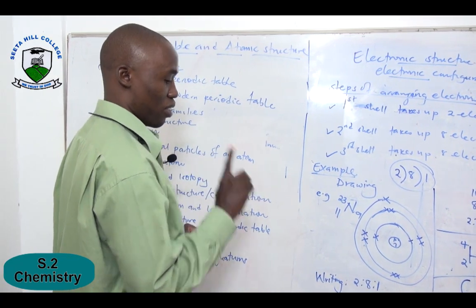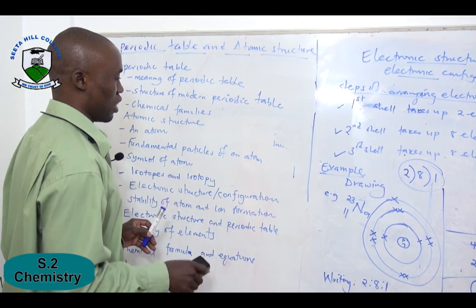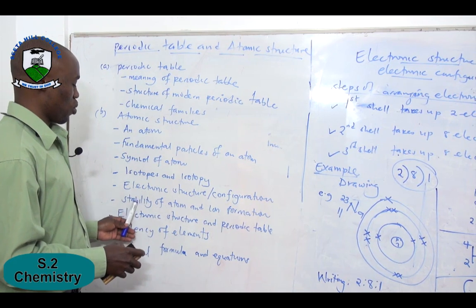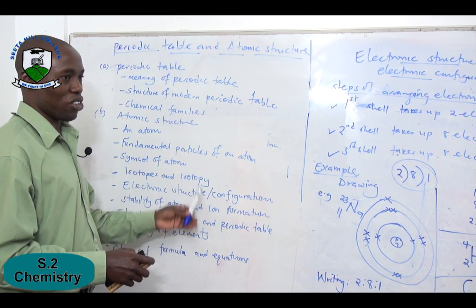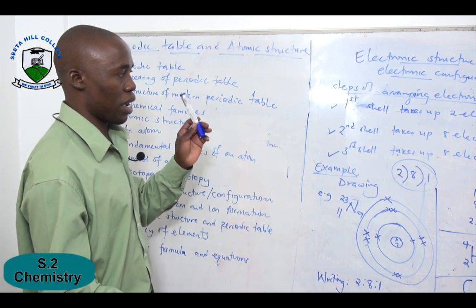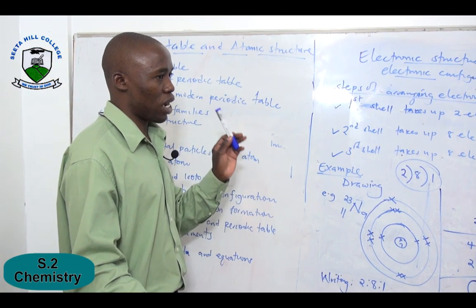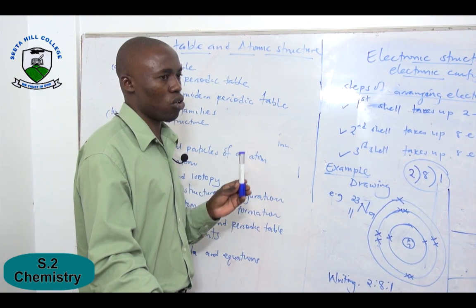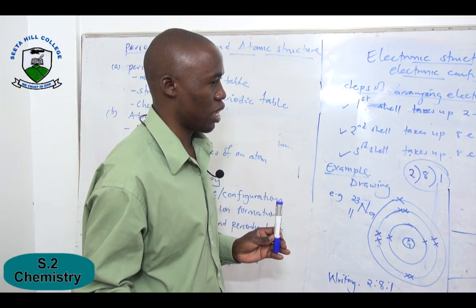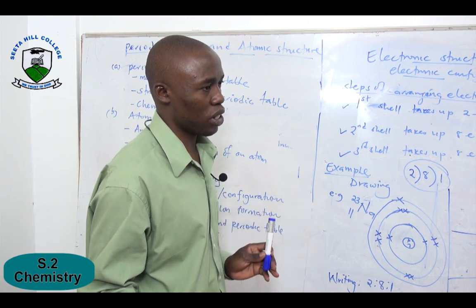Now, let that be at your attention as I shift to stability of an atom and ion formation. We've said you are stable if your outermost shell of your electronic structure is fully filled.